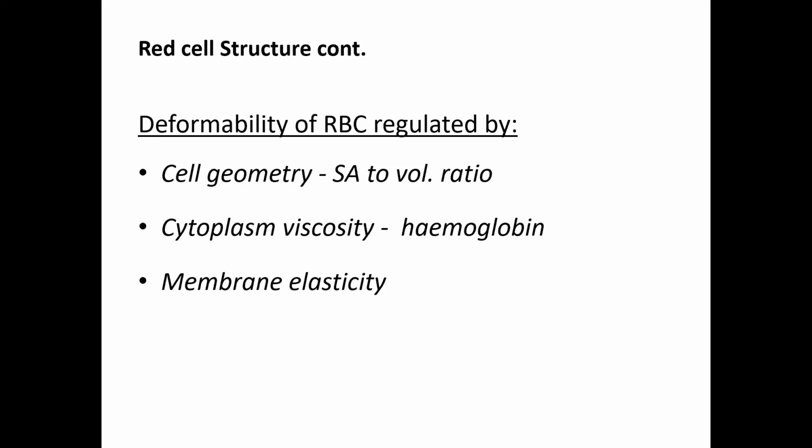The deformability is also regulated by the cytoplasmic viscosity. Now, what will determine the cytoplasm viscosity is the content of that cytoplasm. We know that in the mature red cell, the bulk of its cytoplasm is occupied by hemoglobin.